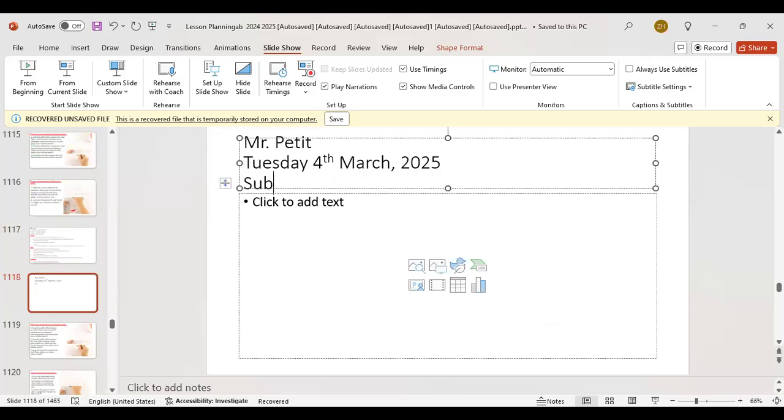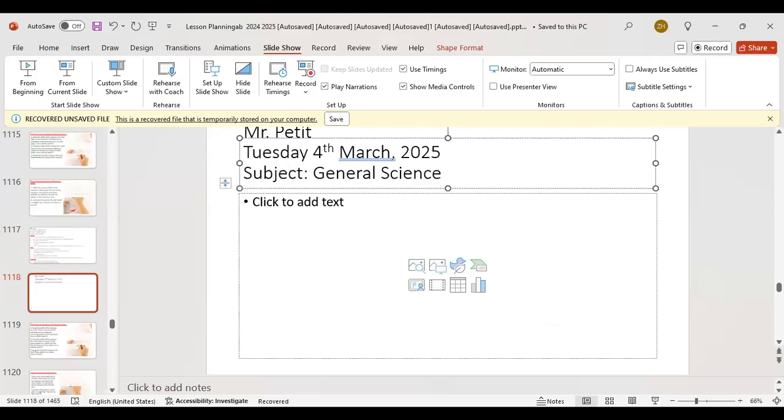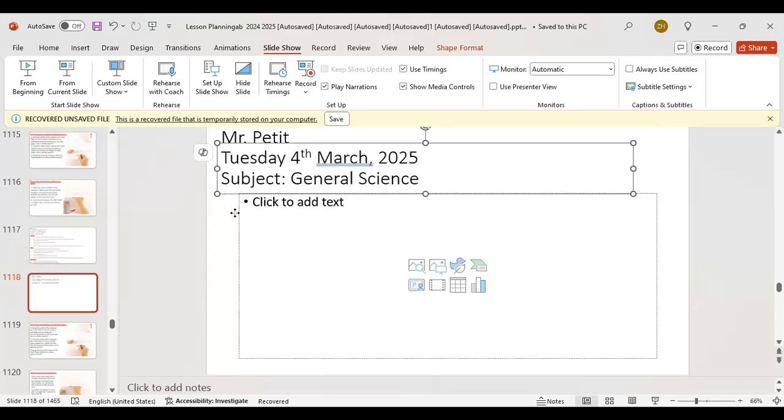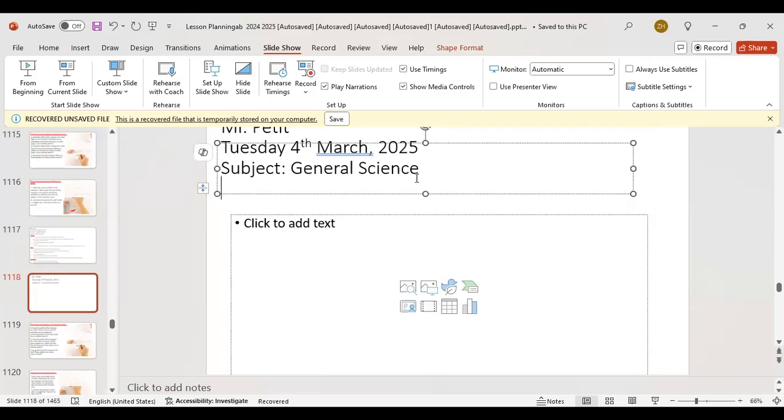The subject is, of course, general science. And our topic is good friction versus bad friction. Basically looking at the advantages and disadvantages of friction.